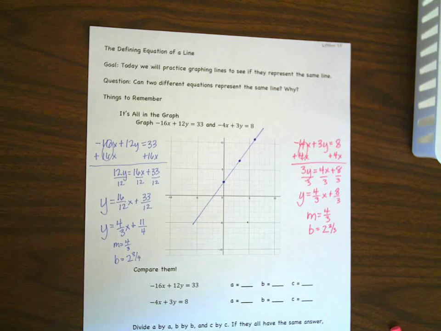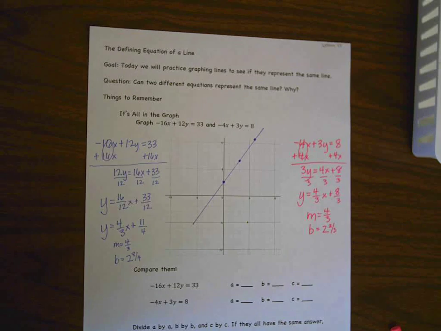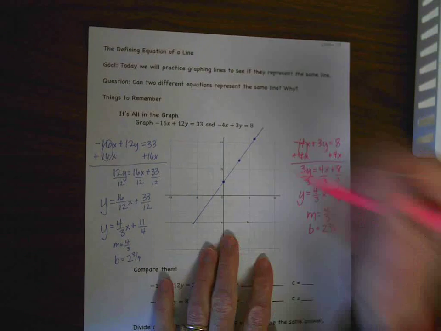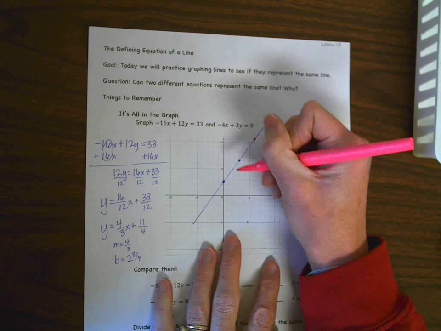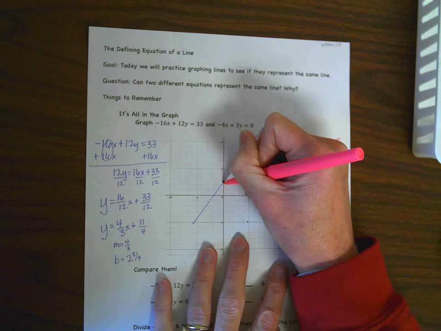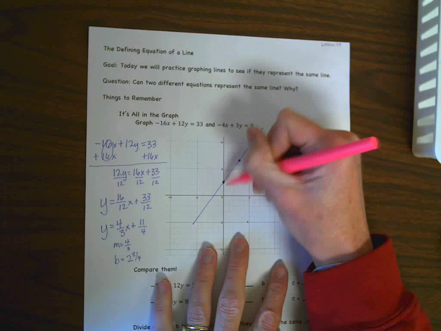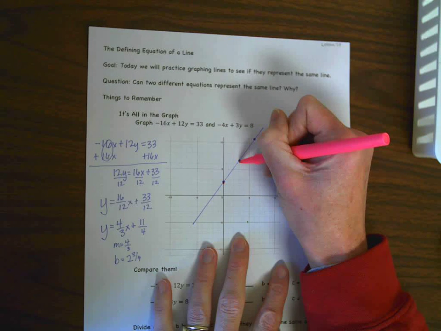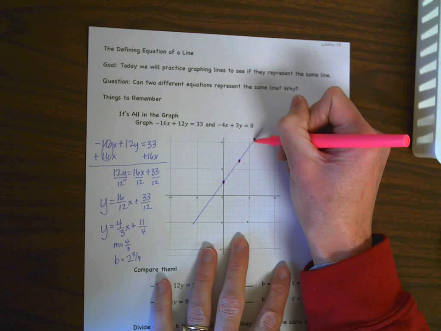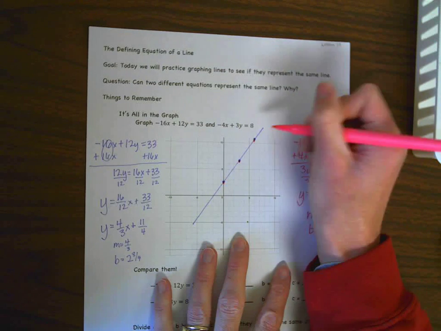Now I'm going to trade colors so we can draw the other line, and it says go up 2 2/3. So it's just a little bit under there. And up 4 and over 3, so just a little bit under there.